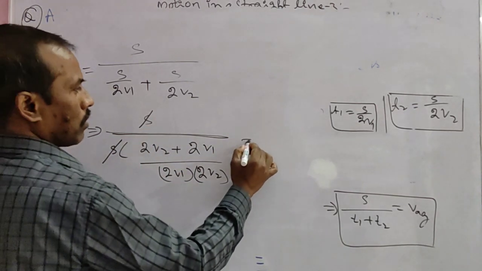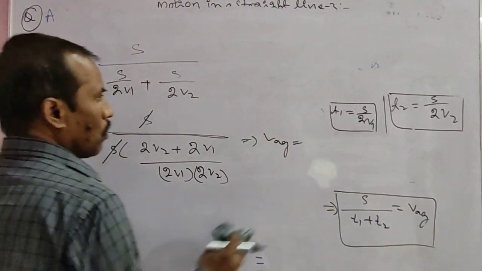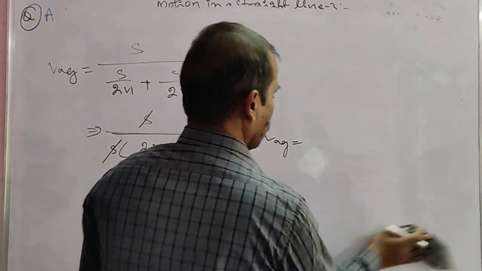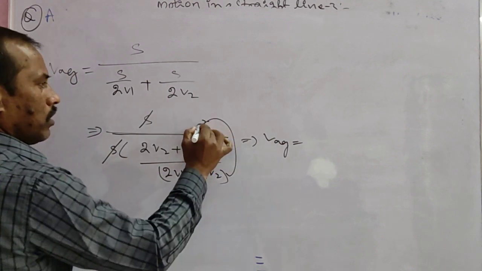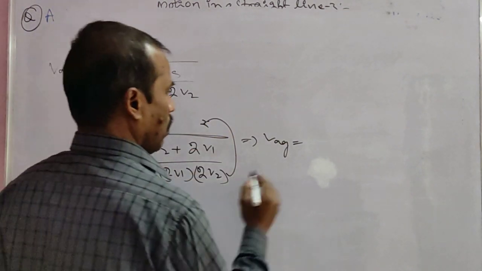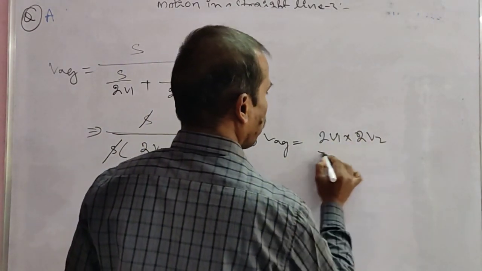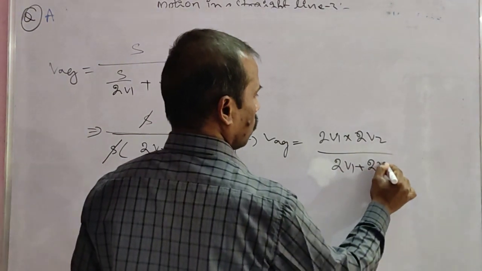Simplifying, average speed is equal to 2v1 into 2v2 by 2v1 plus 2v2.